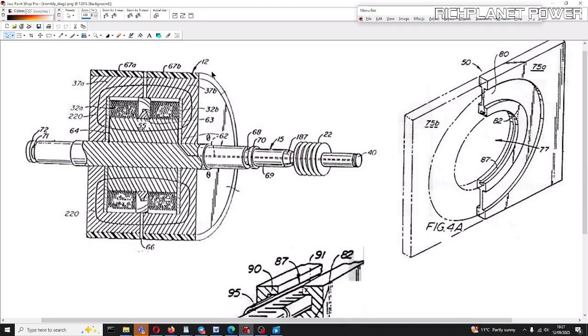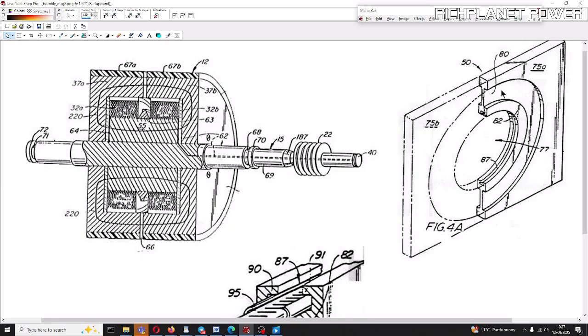And the whole thing rotates apart from this bit inside here, which is fixed. So that part there is this bit here, and that slot there is what this engages with here. So this all remains stationary.